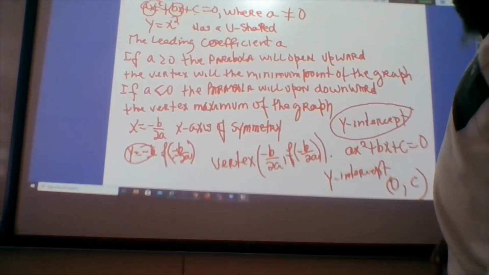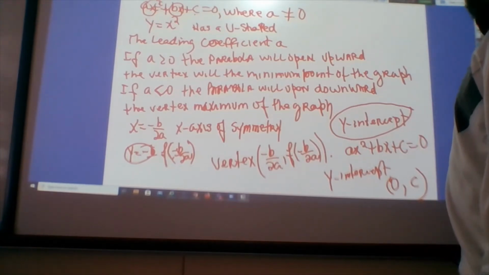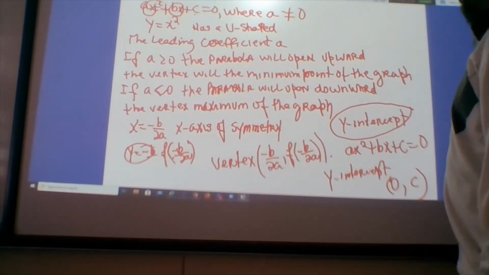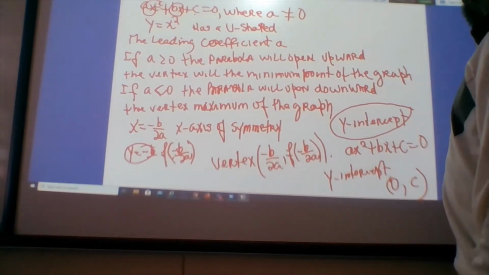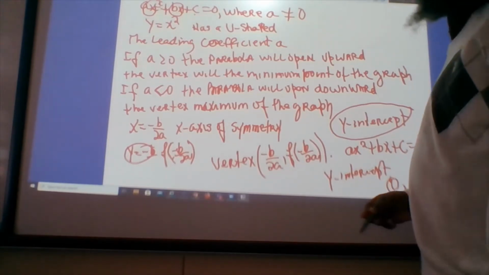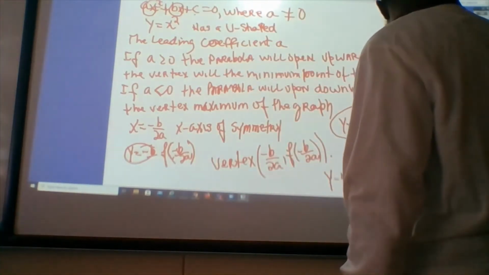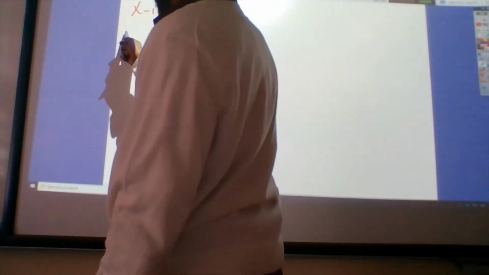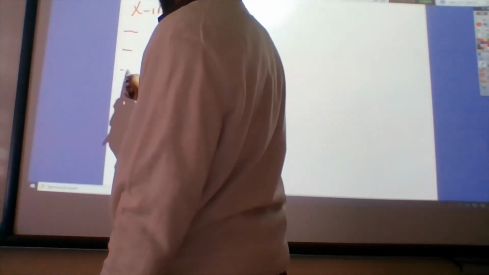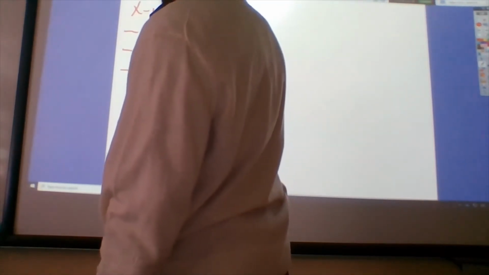So remember that. The other point you will have to find when you graph is the x-intercept. There are many ways you can find the x-intercept of the parabola. We're going to focus on 3 of them. Mainly, you can use factorization.